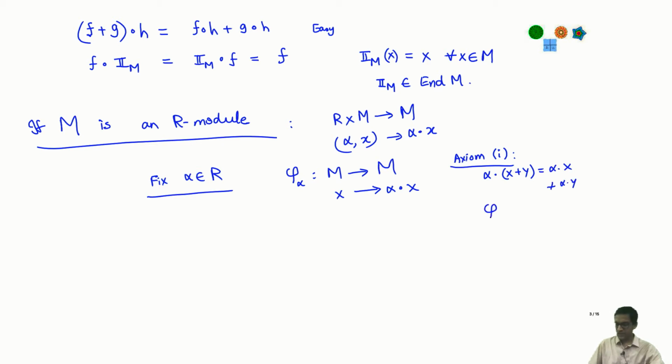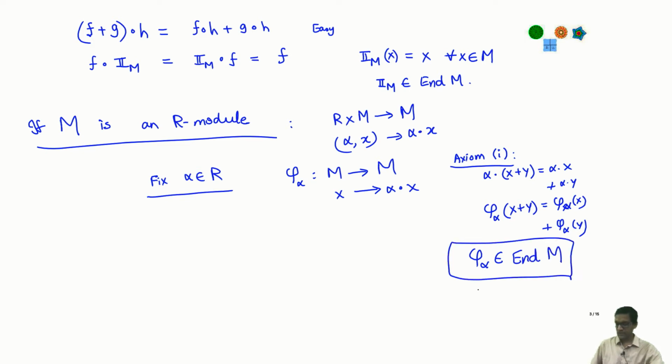In other words, phi alpha, this scalar multiplication map, on x plus y gives me phi alpha of x plus phi alpha of y. In other words, phi alpha is a group homomorphism. So this belongs to this set End M that we just constructed. So phi alpha belongs to End M for all alpha in R.